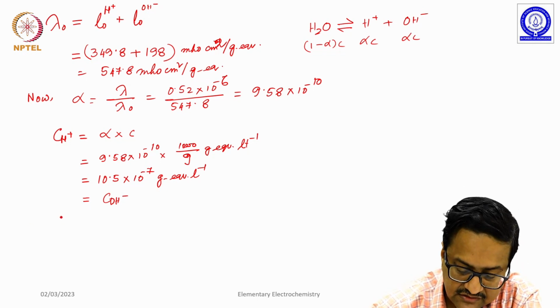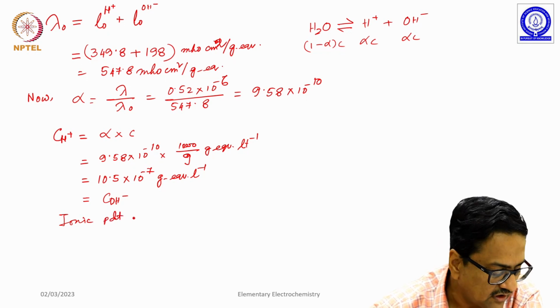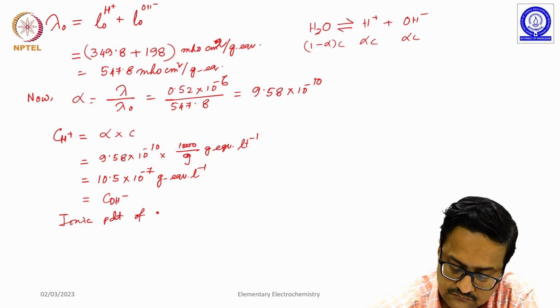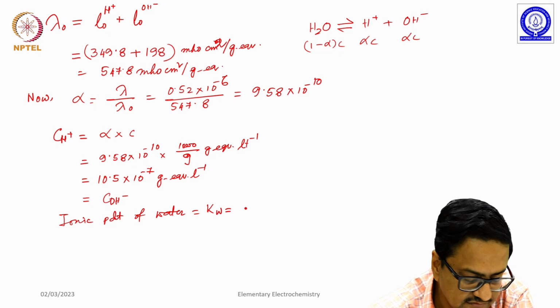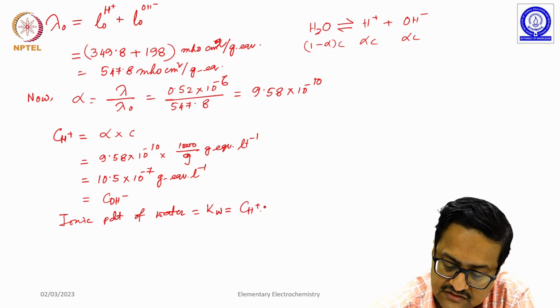Then one can calculate the ionic product of water as equal to Kw, which is CH plus into COH minus.